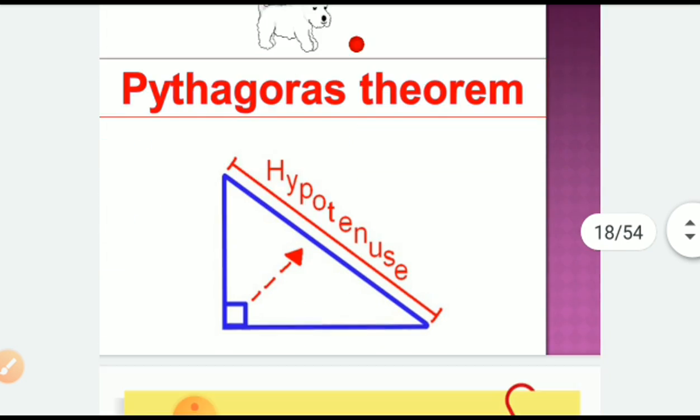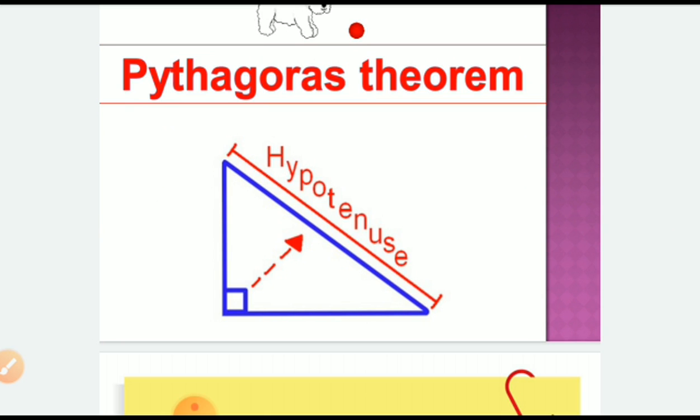Look here, Pythagoras theorem. This is a very important topic for your SSC base students. Pythagoras theorem is very useful to get maximum marks. Understood? Yes.